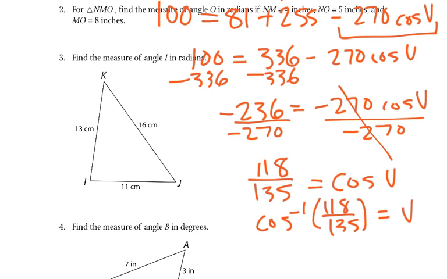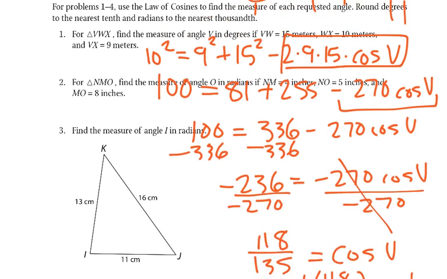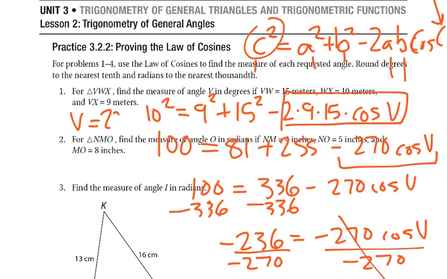So I changed my calculator to be in degrees. And then I do this again, and we get 29.06, so just 29 because it wanted us to round to the nearest degree. 29 degrees equals V. And there's my answer.